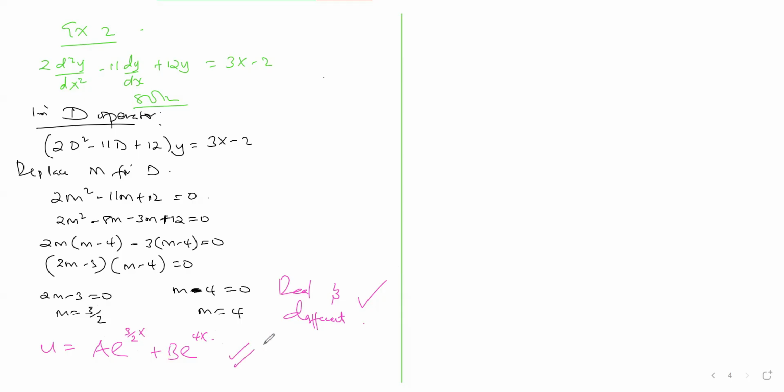Then you come to the second part. Now we solve for v. That is the particular integral part. So we shall have 2d squared minus 11d, that does not change, plus 12. Then here we write v equals 3x minus 2. So again, how do you write the equation of a line?